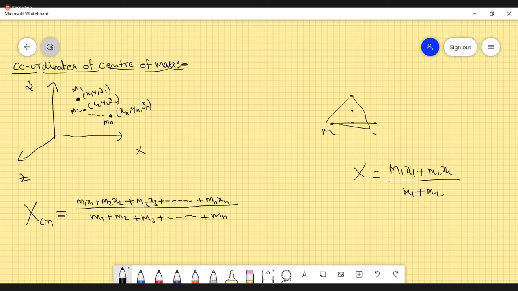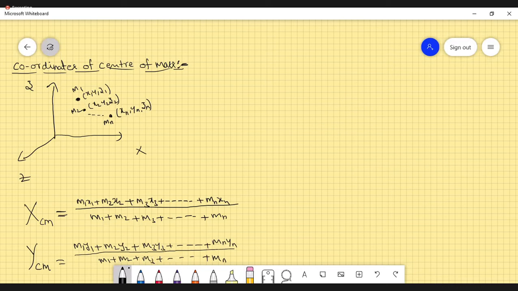Now along the y-axis, how can we write it? The center of mass along the y-axis equals (m1 y1 plus m2 y2 plus m3 y3 and so on plus mn yn) divided by (m1 plus m2 plus m3 and so on plus mn). In the same way, write z also: the center of mass of z is (m1 z1 plus m2 z2 and so on plus mn zn) divided by (m1 plus m2 and so on plus mn).